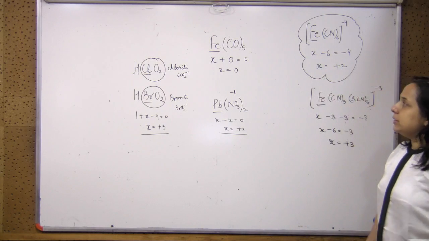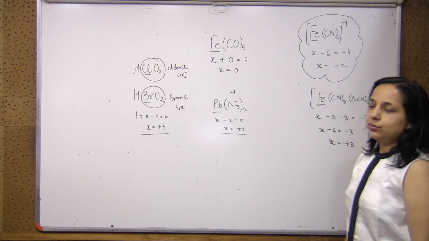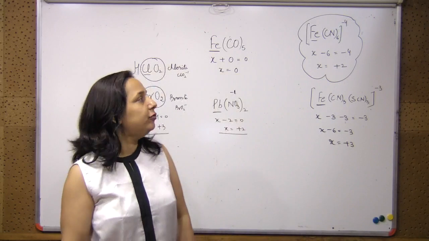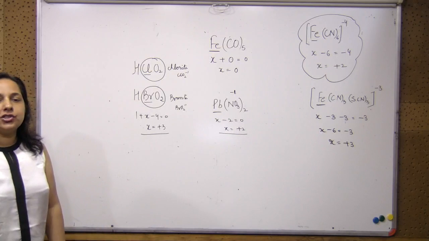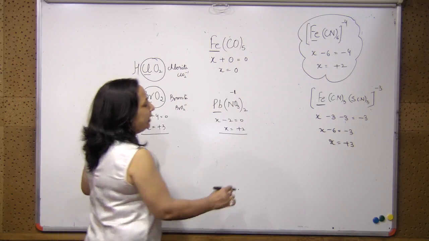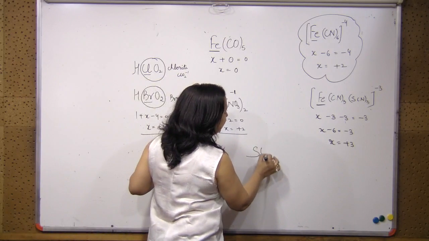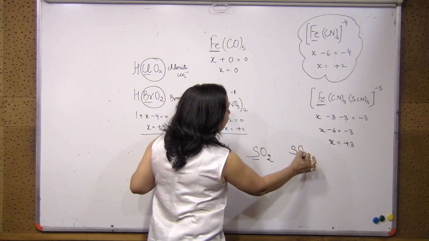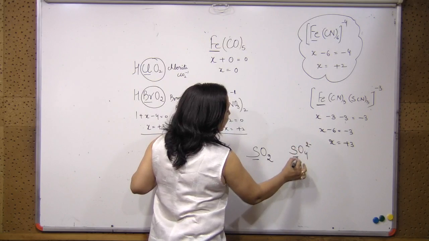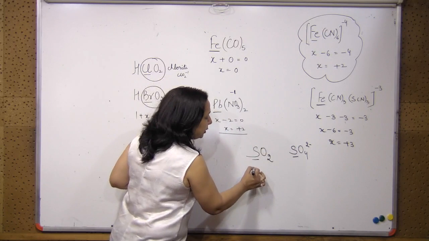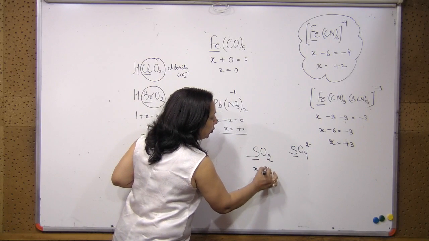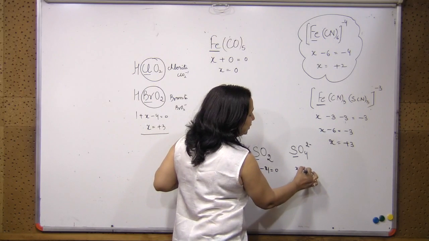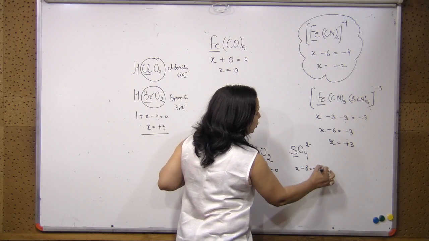Few radicals we must know: sulfate 2 negative, nitrate 1 negative, carbonate 2 negative, etc. And with the help of those, we can calculate oxidation numbers. Whenever a neutral species is there, like sulfur dioxide, and sulfur is to be calculated, and sulfate, sulfur is to be calculated. For neutral, you write it as x minus 4 is equal to 0. For ions, it is written as x minus 8 is equal to minus 2.